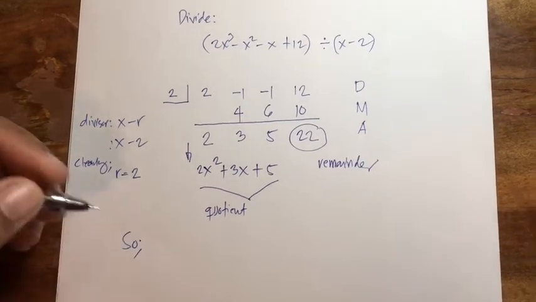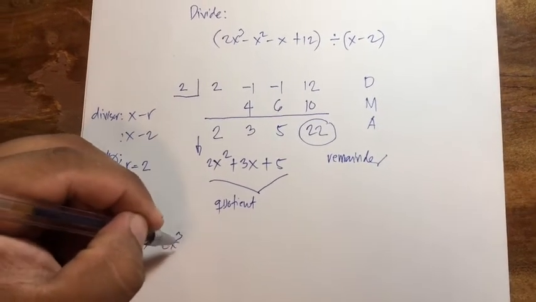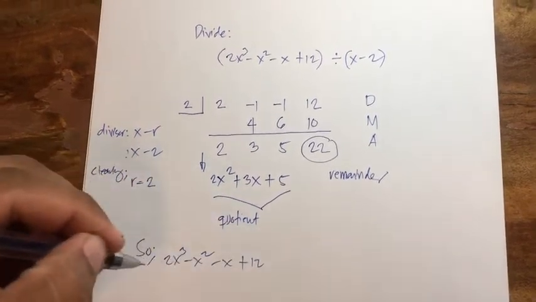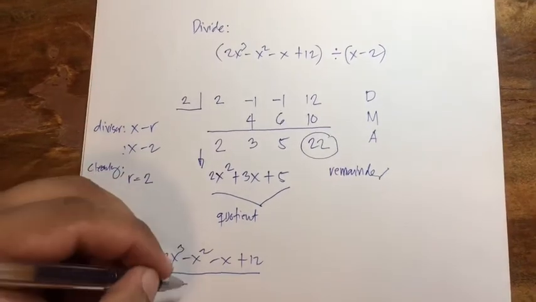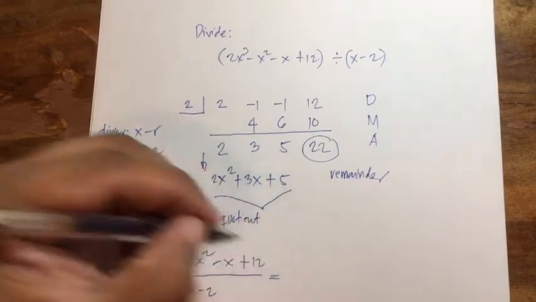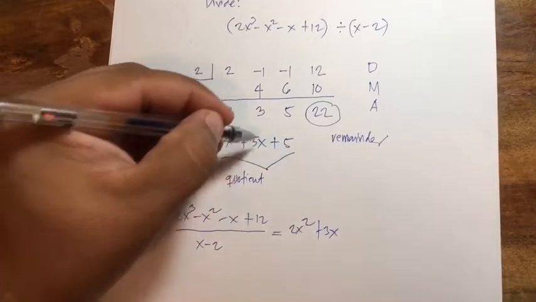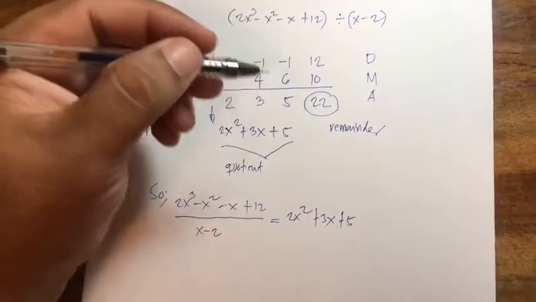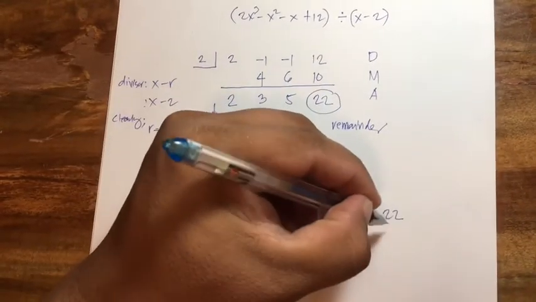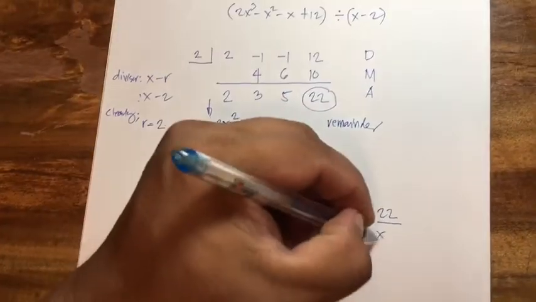So our final answer is, we will rewrite 2x cubed minus x squared minus x plus 12 all over x minus 2 is equal to our quotient, 2x squared plus 3x plus 5, then our remainder is plus 22, all over our divisor x minus 2.